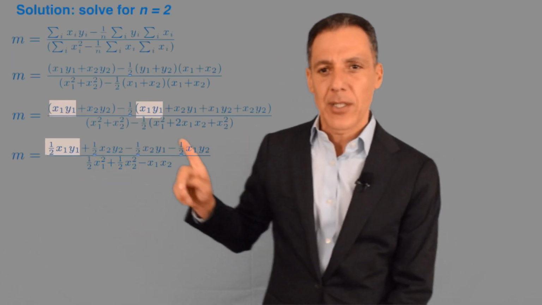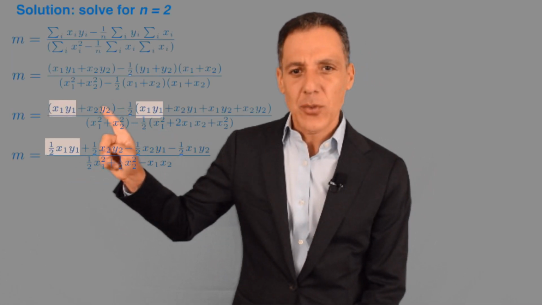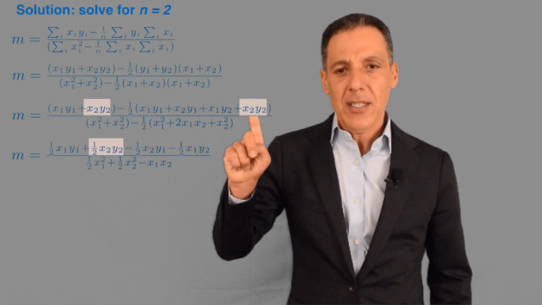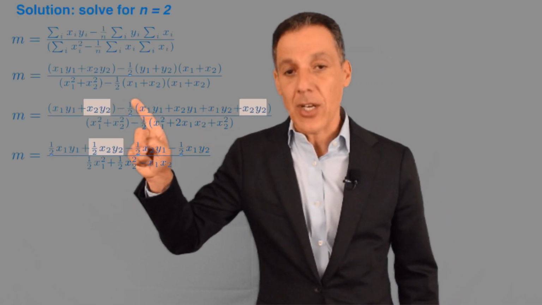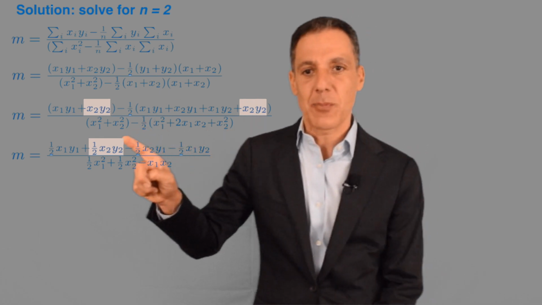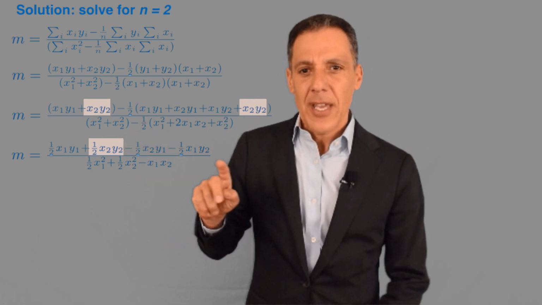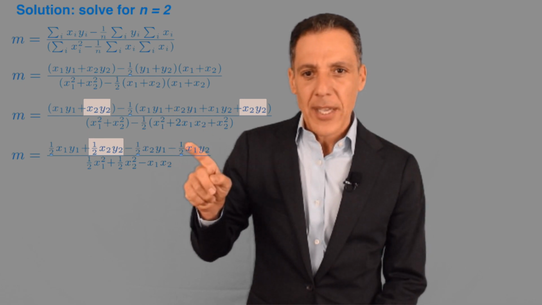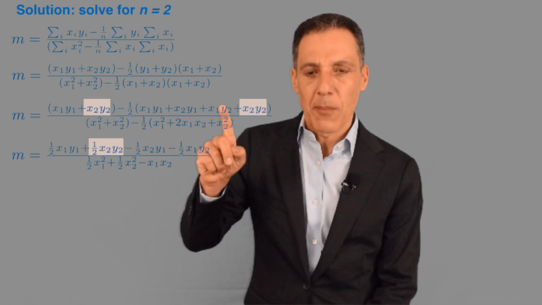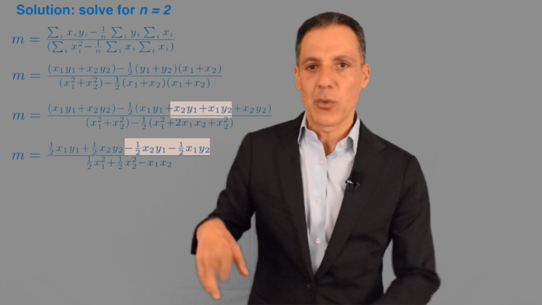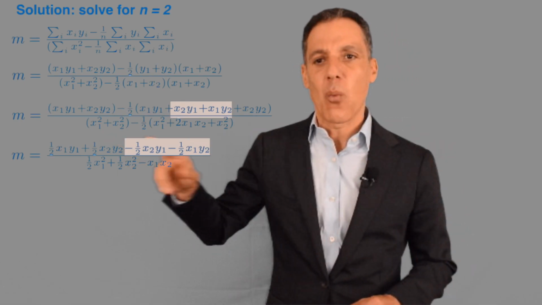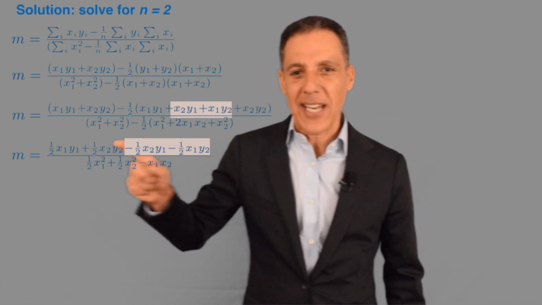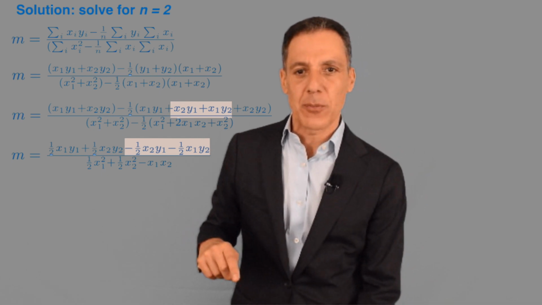I've got an x2 y2 and a minus 1/2 x2 y2, so that gives me another half. I don't think I can do anything with these. I've just got an x2 y1 and an x1 y2 right there. Those aren't going anywhere, so we'll leave them be. But I'll bring the 1/2 in. That's nice too, because now I've got 1/2 along the whole top term.